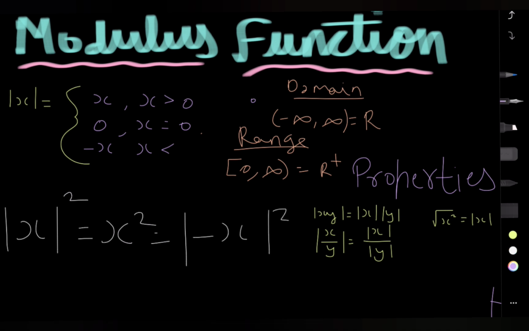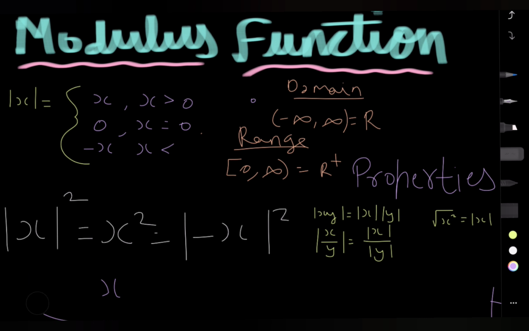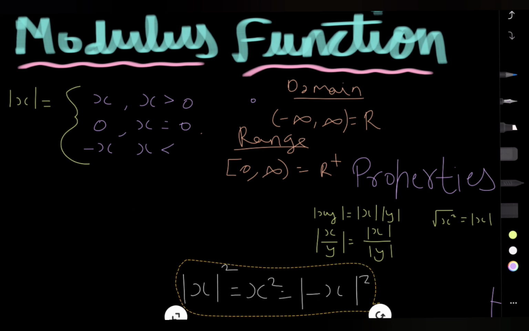See here, mod of x will always give me a positive value, so it is x square itself. X square is also x square itself. Mod of minus x will also give me the positive value of x only, so it is also x square. So these three are equal. This is the fourth property of modulus, a very important and useful one.